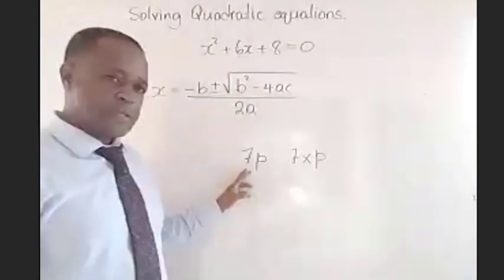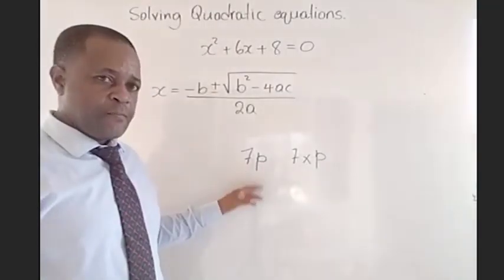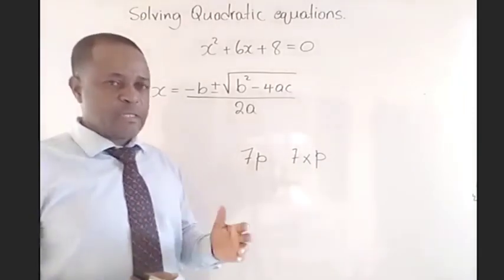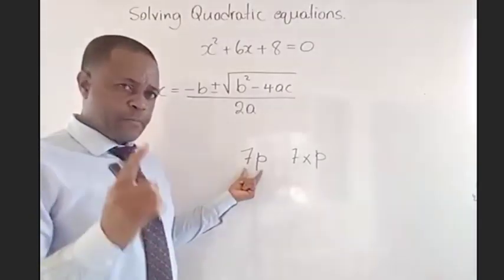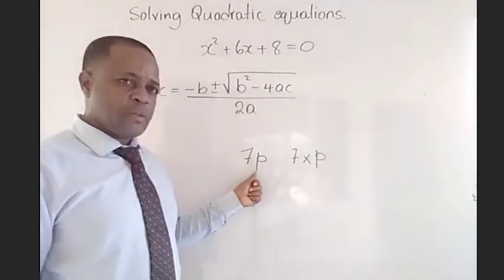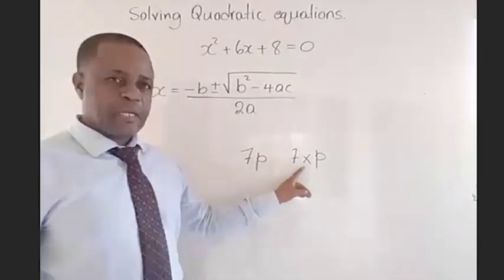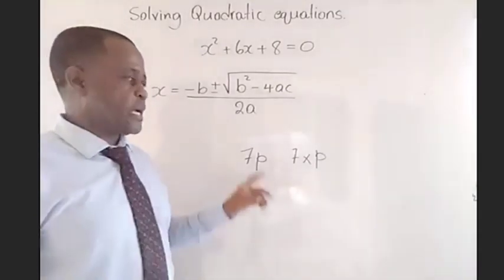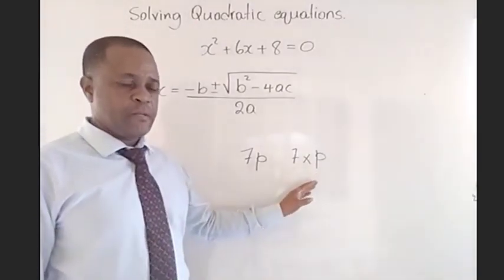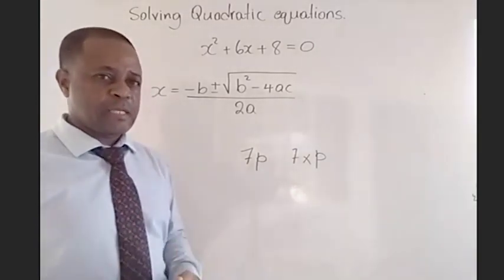So as I said to you, the numerical coefficient is that number that is connected to the variable by a multiplication sign. All right?